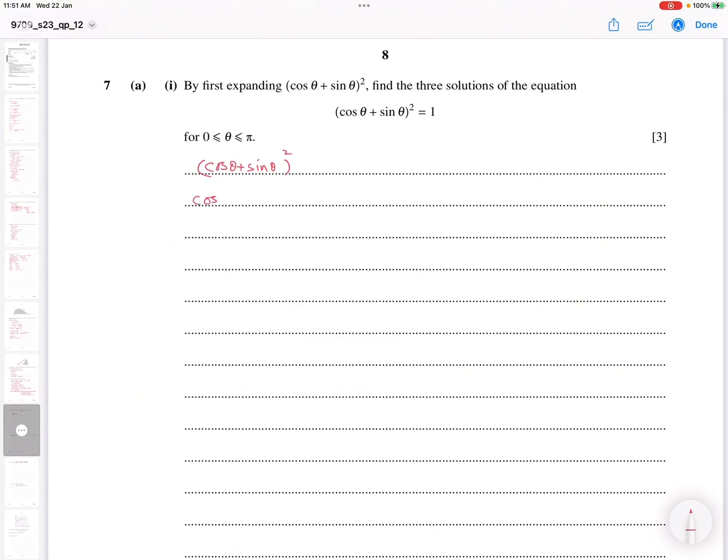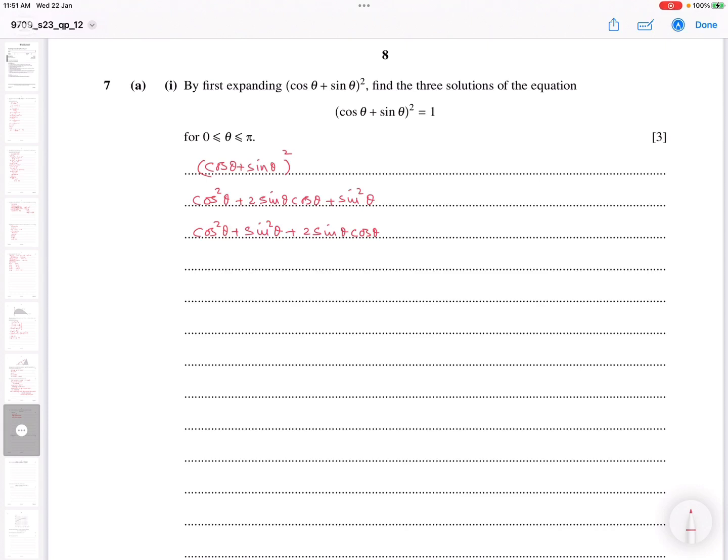So you can write cos square theta plus 2ab, means 2 sine theta cos theta, plus sine square theta. So bring sine square theta near to cos square theta plus 2 sine theta cos theta.